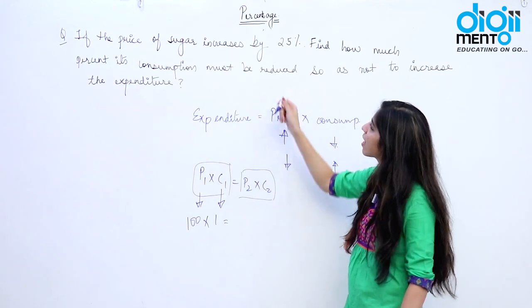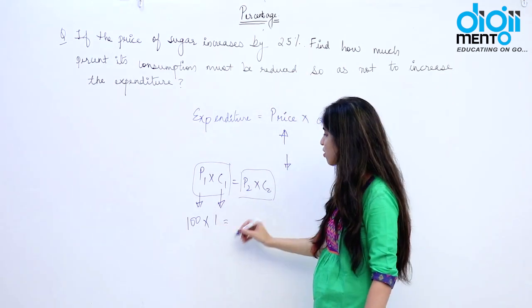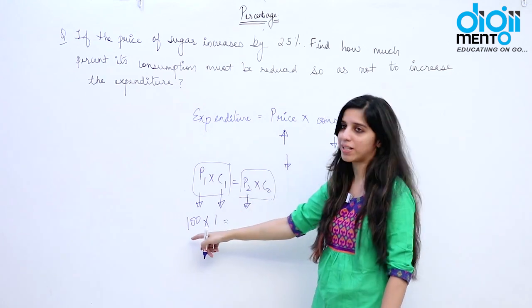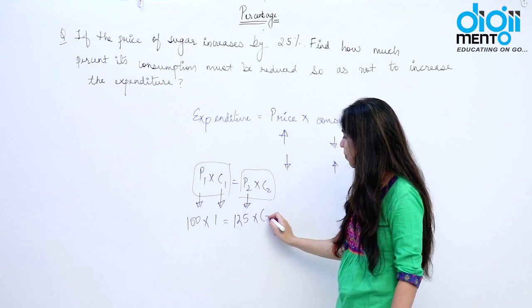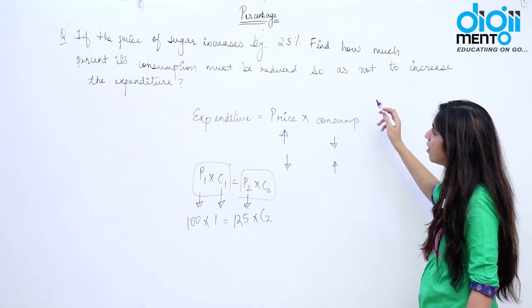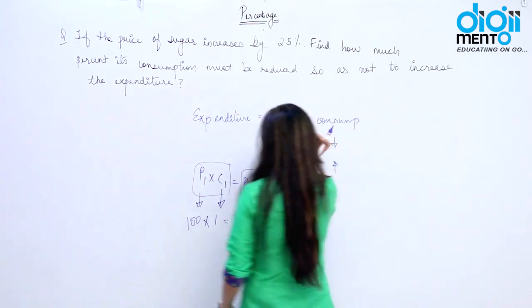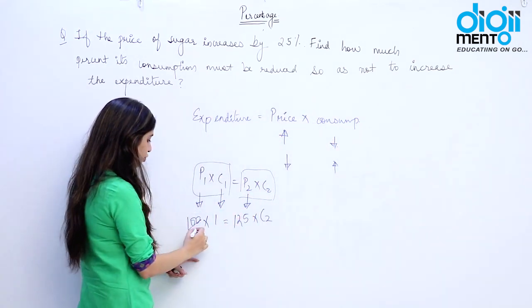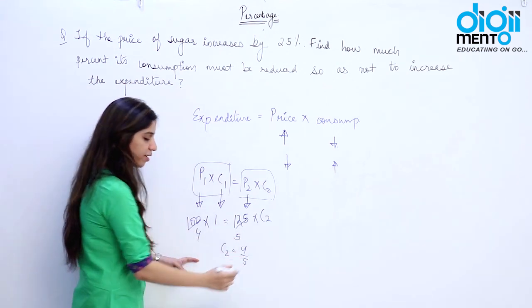Now they are saying that this price increased by 25%. A 25% increase means the new price is going to be 25 rupees more, which is 125. Now they are asking something about the new consumption C2, how much percent its consumption must be reduced. So let us see. If you find C2 from here, you see that it is 4 by 5.